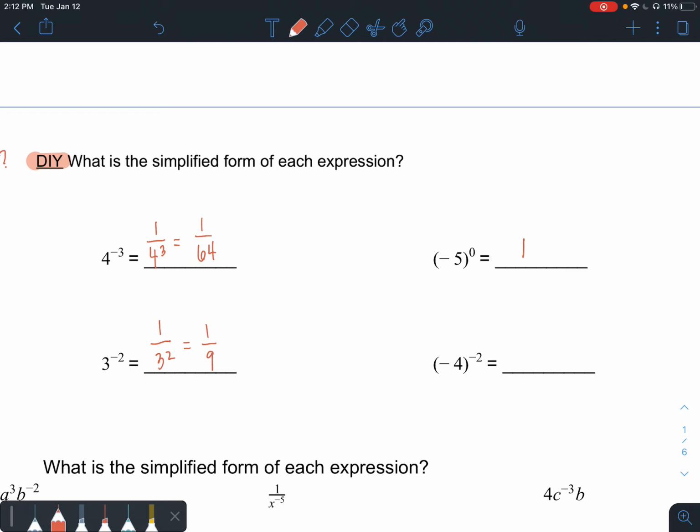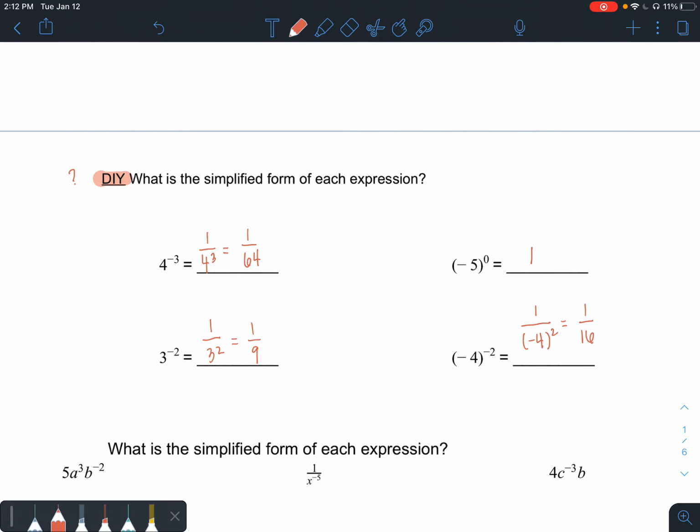And then negative 4 to the negative 2, that's the same thing as 1 over negative 4 squared. This negative has to stay. This negative becomes a positive 2 and we move it. So then we get 1 over 16.